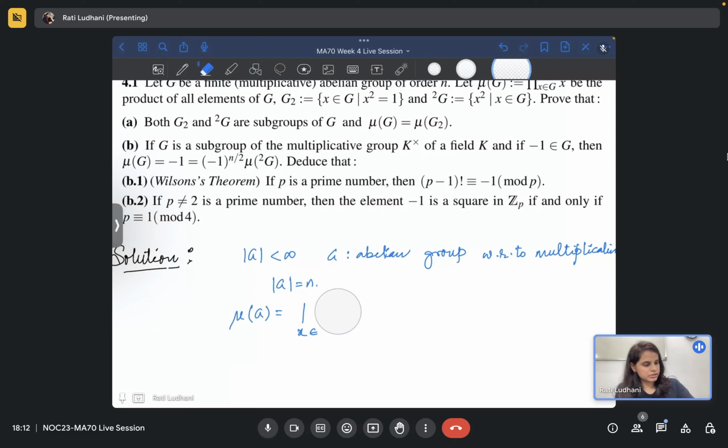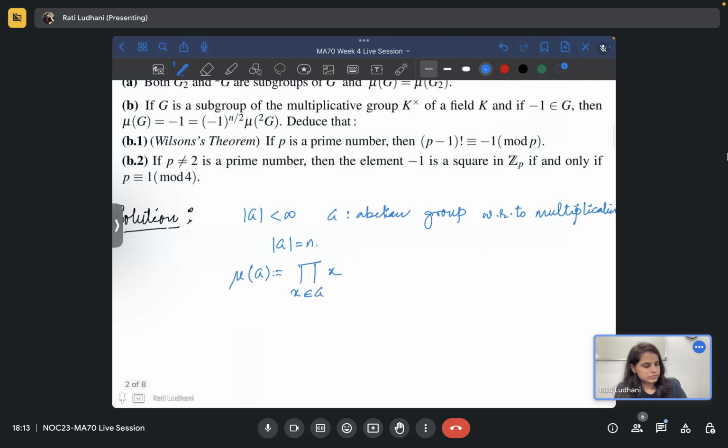If we have some other group, we may still write mu of that group, like mu of H or something like that. So this is defined to be the product of all the elements of G. So these are notations.